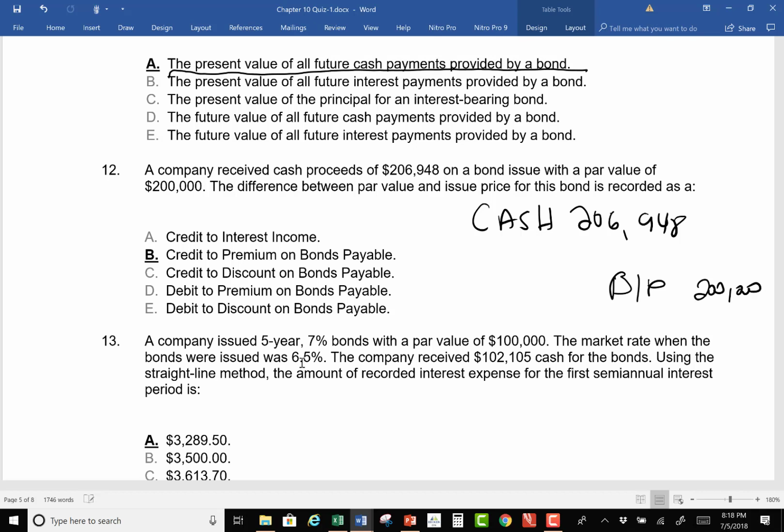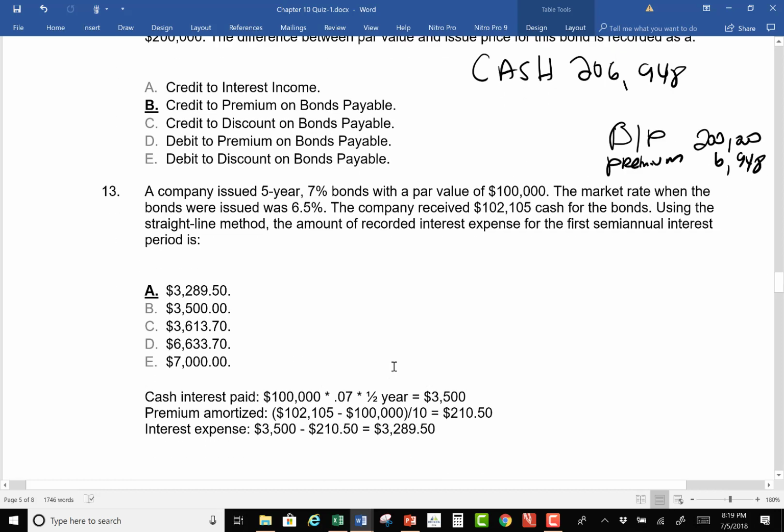What else do you want to credit? Good. I'm going to credit the premium for the 6,948, right? I'm borrowing money. I'm debiting cash, right? I always set up the bond payable at face. If I get more cash than the face, I credit the premium. If I get less cash than the face, I debit the discount, right? To make the journal entry balance.